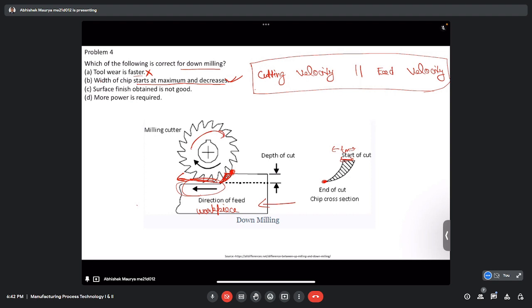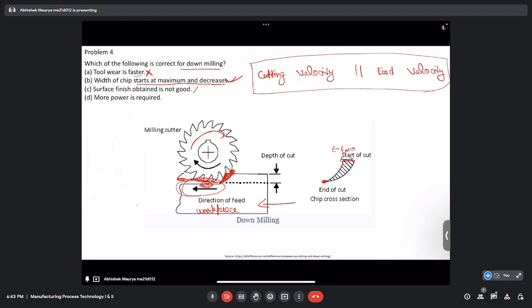But here the direction of feed as well as the direction of the cutting velocity are similar, and the relative velocity between the tooth and the workpiece is also smaller, so the severity of deformation is less. Therefore here we are getting good surface finish rather than poor.